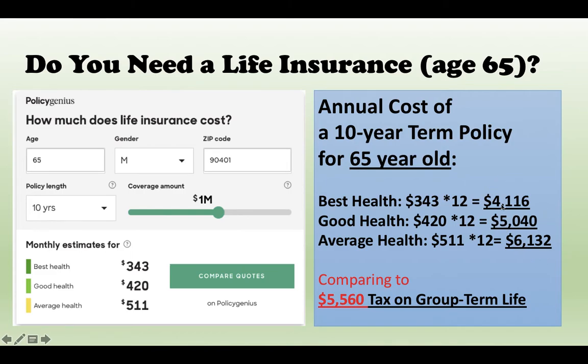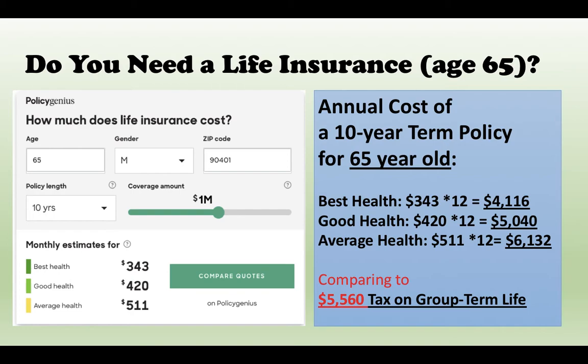You can compare the annual premium amount to the tax you have to pay on your group term life insurance. Again, if you are a very healthy person, maybe it's beneficial for you to buy life insurance on the market rather than staying in the group term life. That's something you should know.